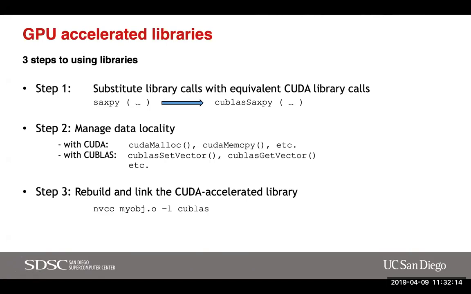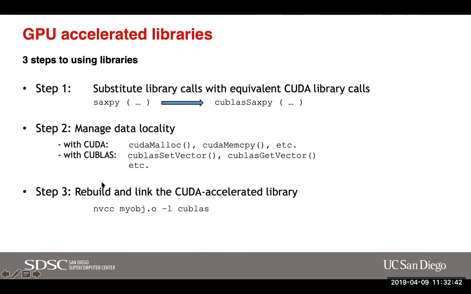You also need to manage what is called data locality. We'll look at this later with CUDA. You can allocate and copy data from the CPU to the GPU memory with cudaMalloc and cudaMemcpy. That corresponds to C malloc and C memcpy, if you're familiar with C. Or in Fortran, it would be basically an allocate and just copying data from one array to another array.